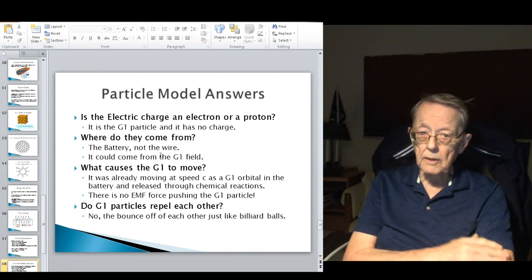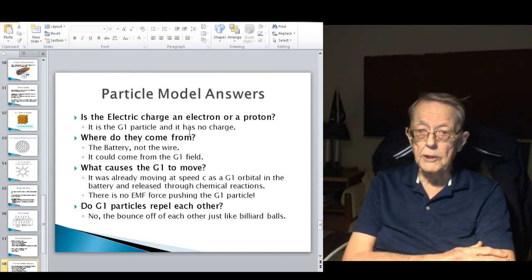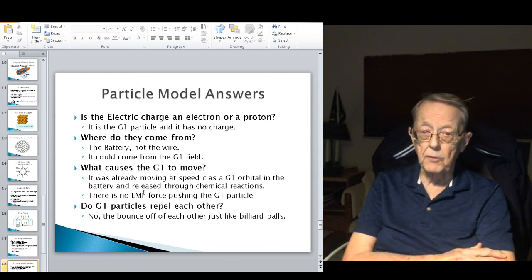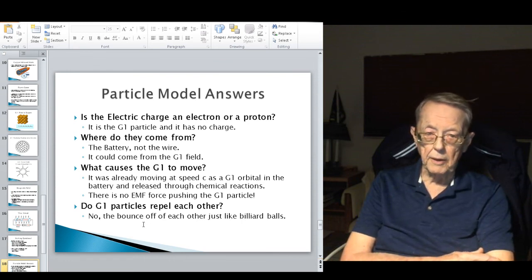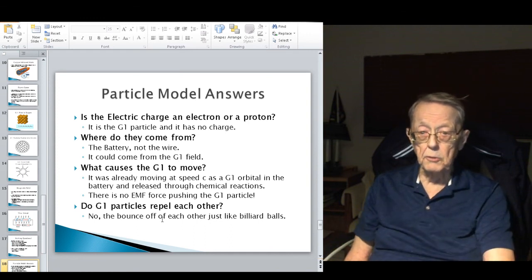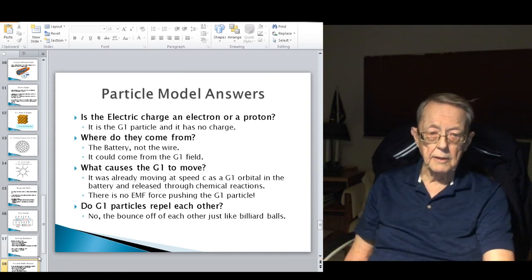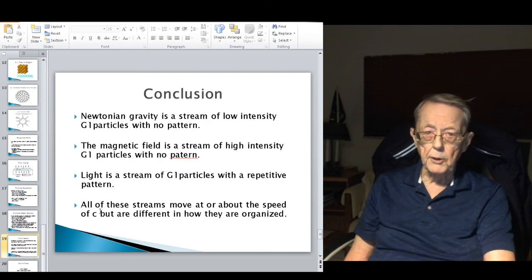Again, there is no plus or minus charge, and there is no EMF force. The G1 particle is already moving at speed c. Do they repel each other? No, they don't repel each other in that sense, but they do bounce off each other like billiard balls.